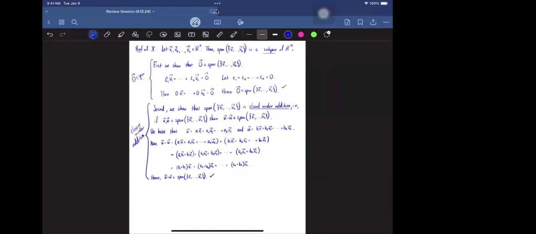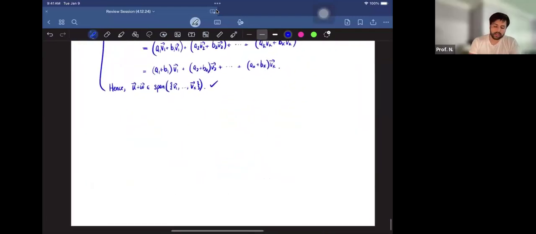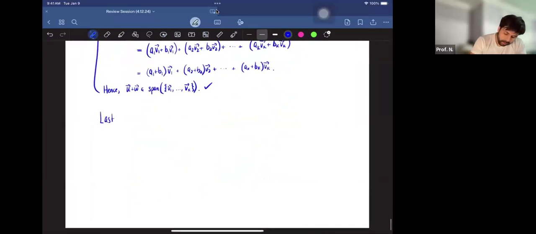Closure under scalar multiplication. So lastly, if C is in R, and let's do U, if U is in the span, then what?